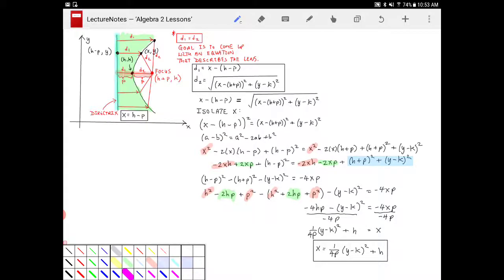So x equals 1/4p times (y minus k) quantity squared plus h.